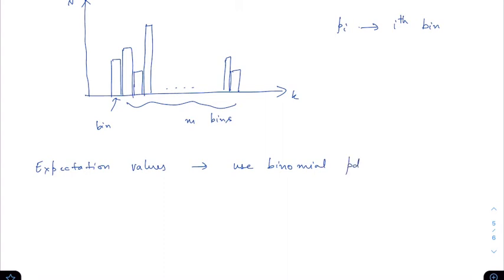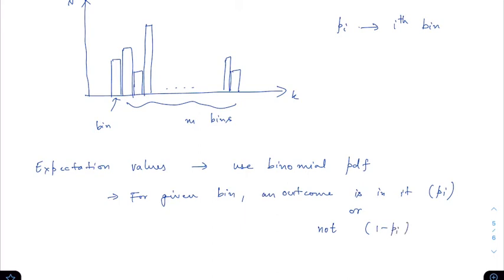For a given bin, an outcome is either in it with probability pi or not, so these probabilities are pi and 1 minus pi.